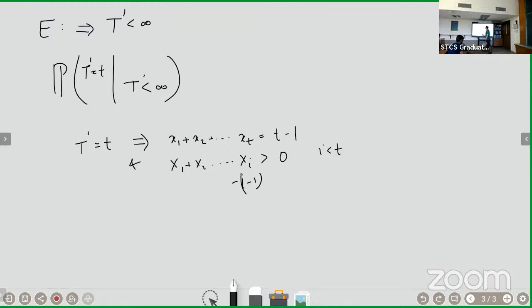This is true. For some reason, the book says this is true. So this fact, everything else is fine.